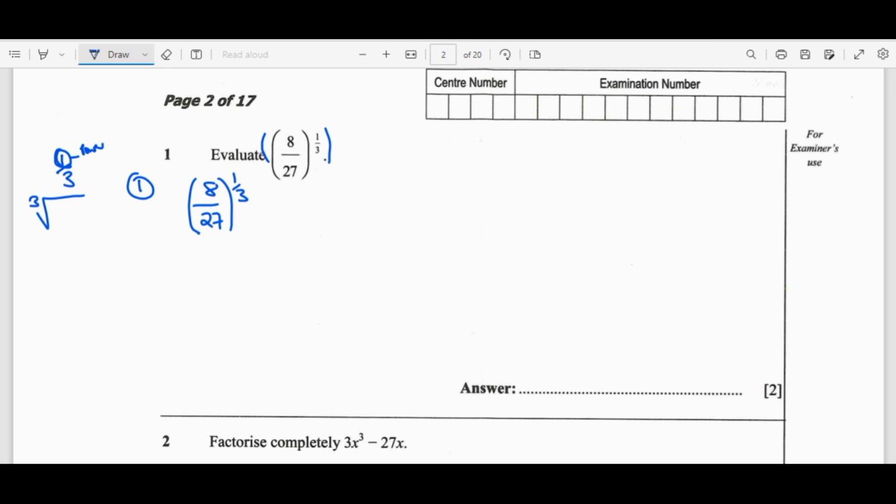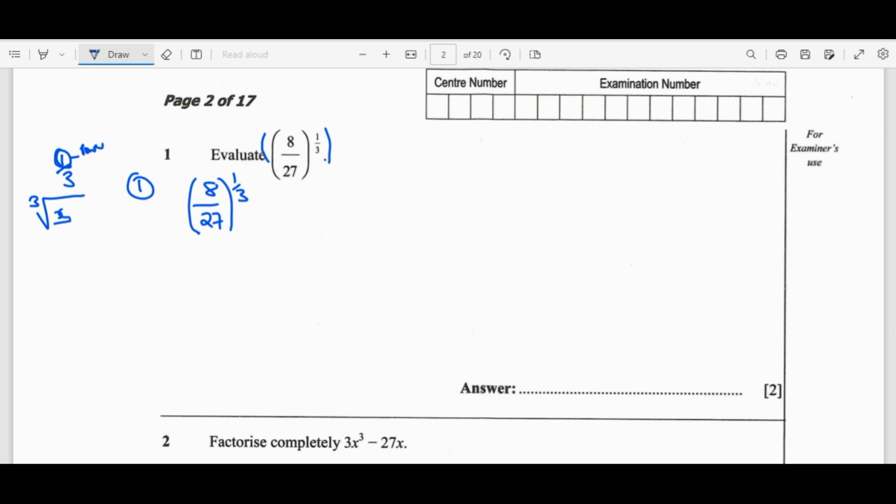Meaning that this number is the root, and you're going to find a number which will multiply itself 3 times to give us this number here. That is what they are telling us.